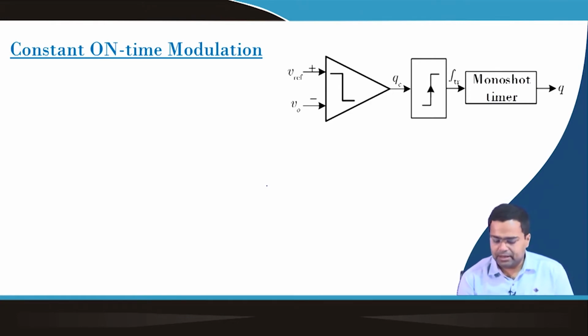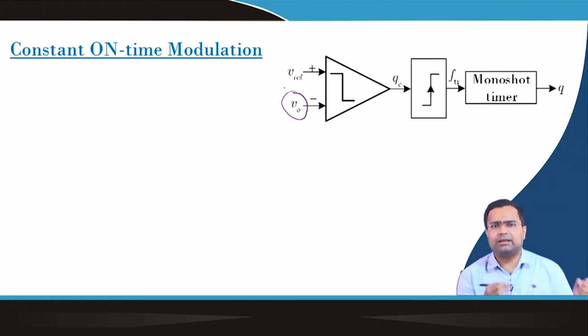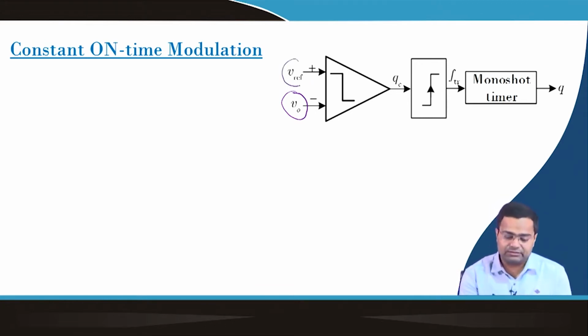What does it mean? The output voltage, of a buck or a boost converter or any DC-DC converter, is compared with the reference voltage using this comparator. What does the polarity show?